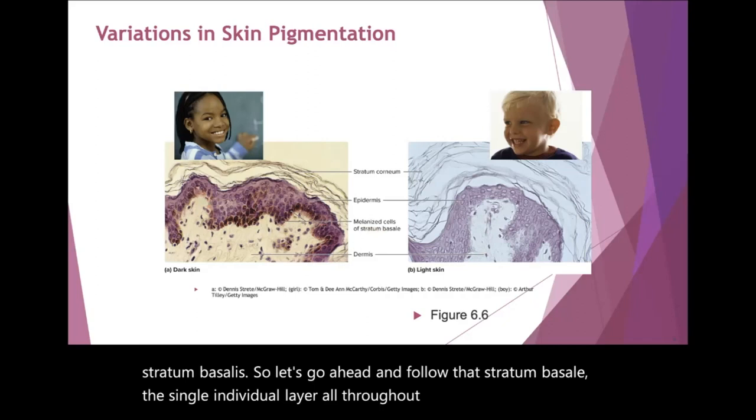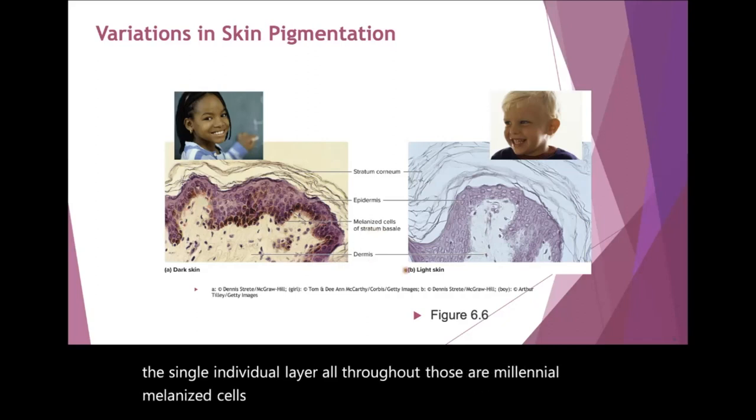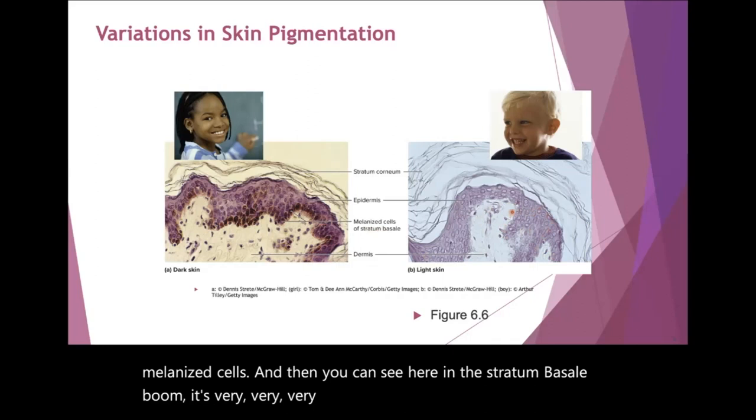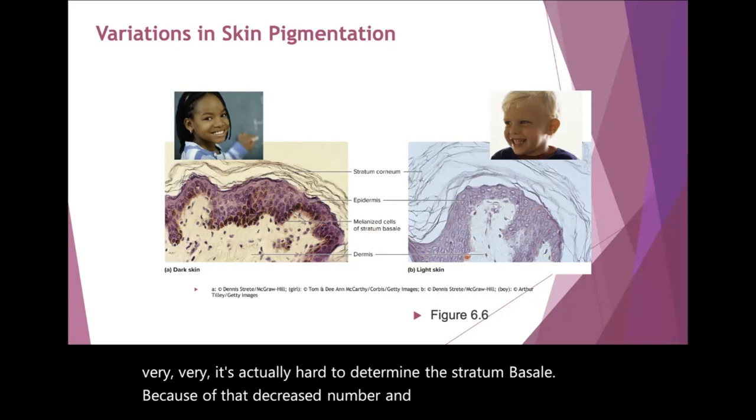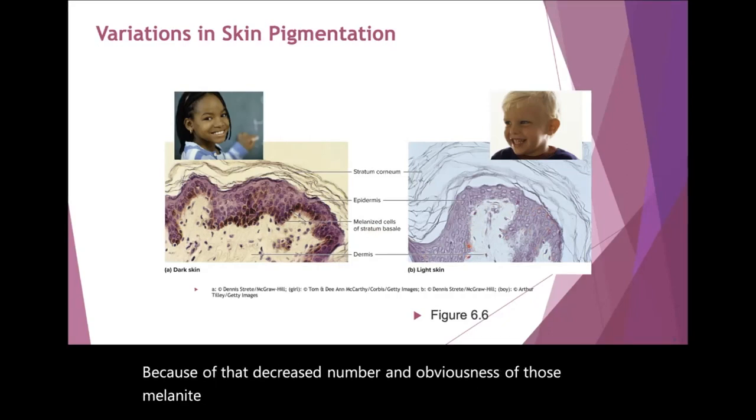Those are melanized cells. In the lighter skin, it's hard to determine the stratum basale because of the decreased number and obviousness of those melanized cells.